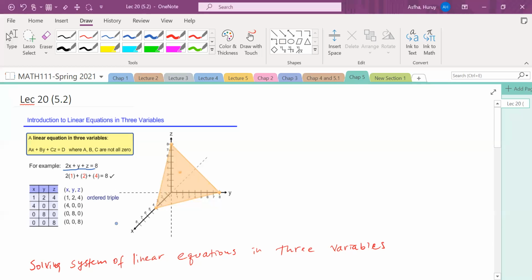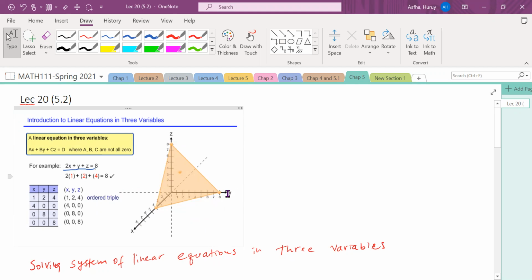So when we say a linear equation in three variables, we have the variables x, y, and z. Now, this coordinate plane has three dimensions. This vertical one, instead of y, we now call z.